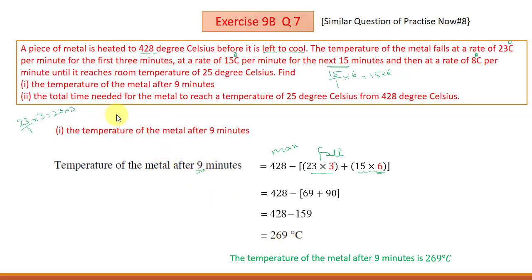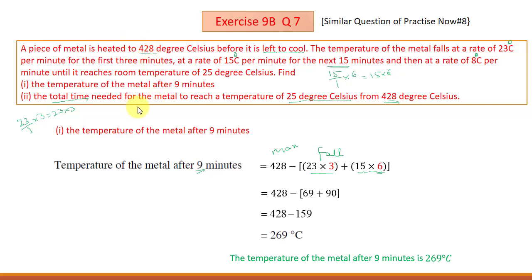Now in the second part, we have to find the total time needed for the metal to reach a temperature of 25 degrees Celsius from 428 degrees, because the maximum temperature of the metal was 428.